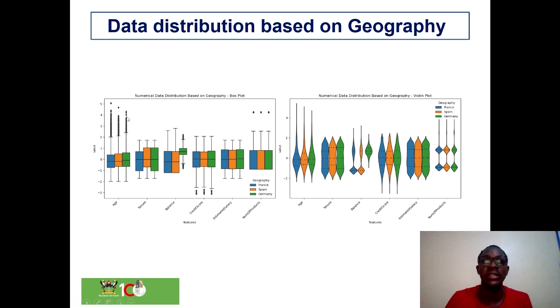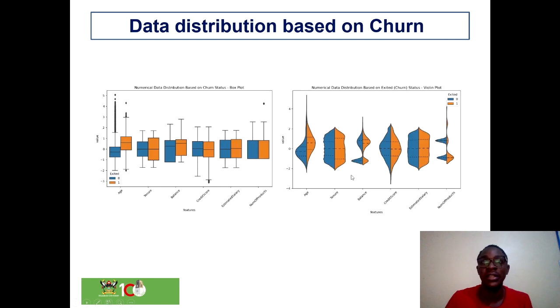So we see again, especially with age, we have these outliers here, which definitely will give us some information. But at least for starters, we see that they're almost equally distributed among all the geographic categories. And for the most part, our data set is not biased toward a particular country in terms of spread. So that is a good sign.